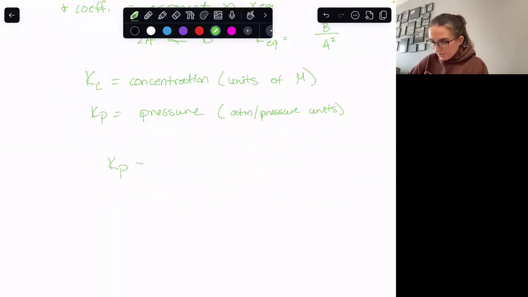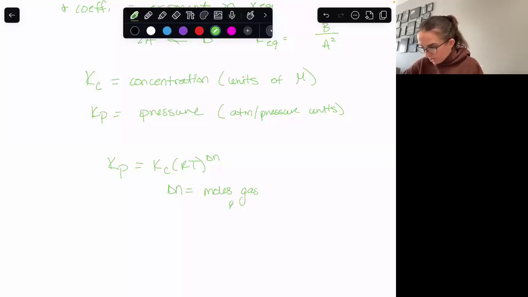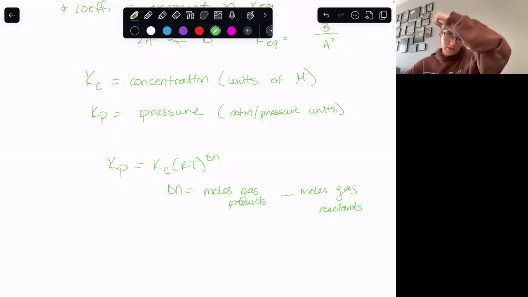You can convert between KC and KP using this equation, and delta N is equal to the moles of gas products minus the moles of gas reactants. And that's just from the coefficients as well.